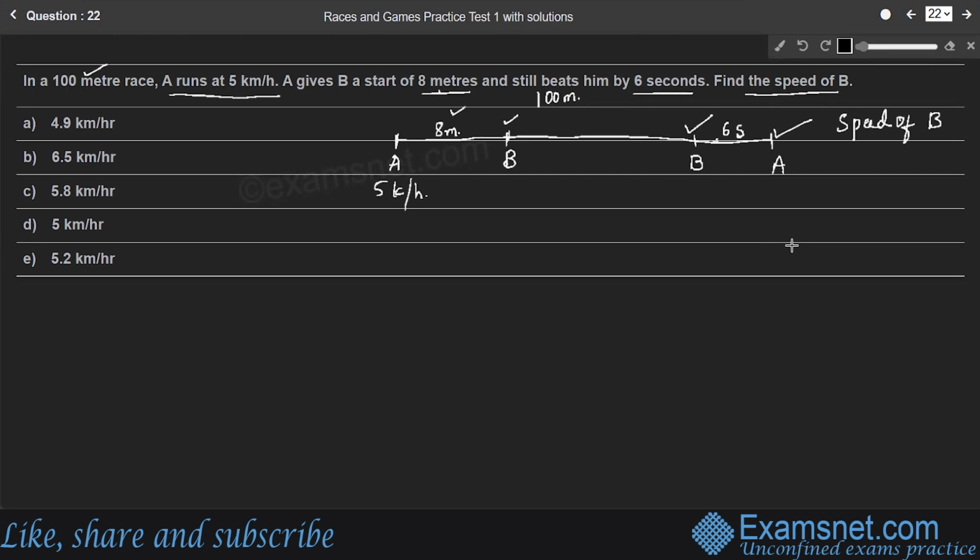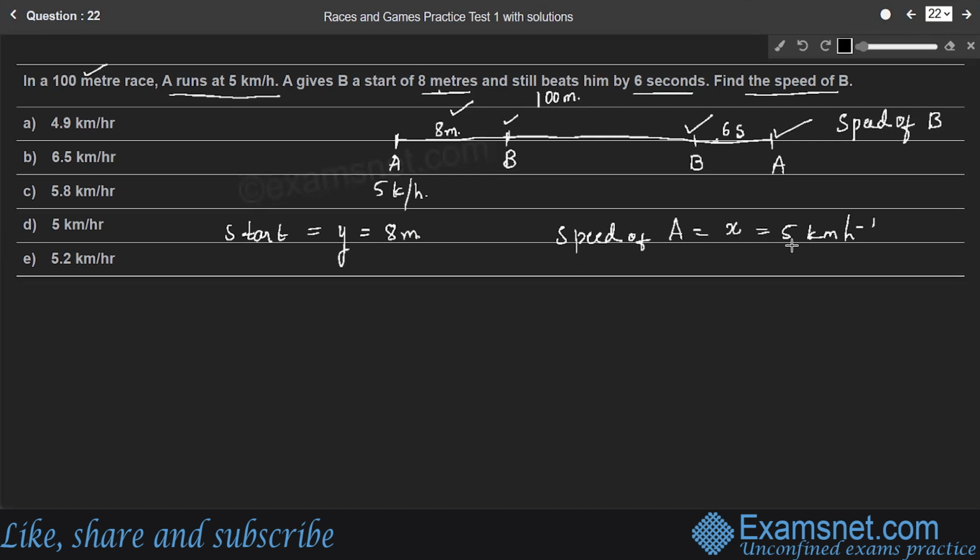Here, the start given to B, we'll take it as Y equal to 8 meters. And the speed of A, which is already given, we'll consider it as X. X is 5 kilometers per hour.